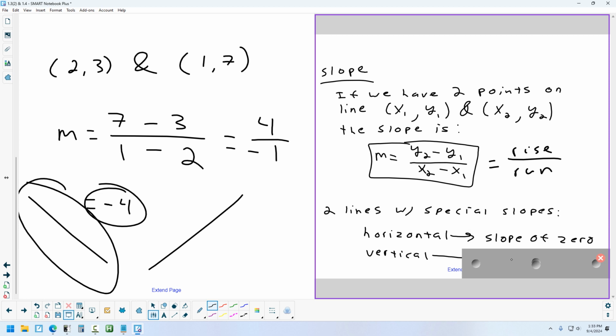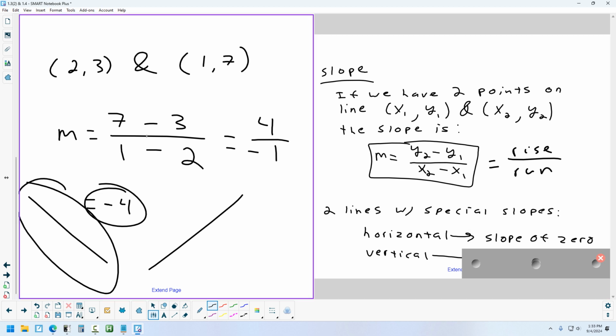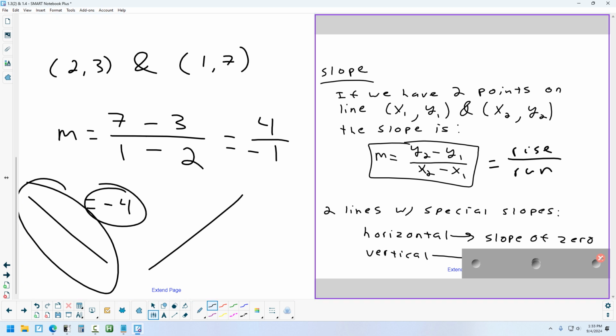It's not a number. That's the one with the 0 in the denominator. If you tried to calculate it, you would be dividing by 0, which you can't do. So what do we call that slope? Undefined. Yep. So those are two special cases of slope. Horizontal is 0. Vertical is undefined.